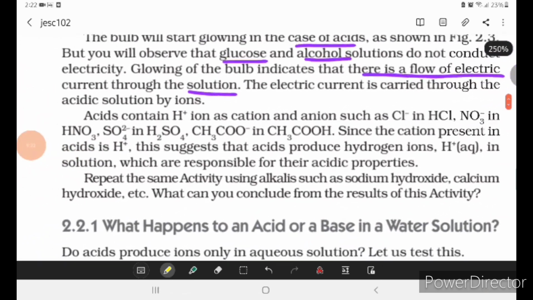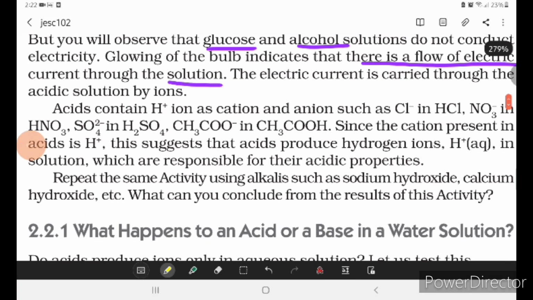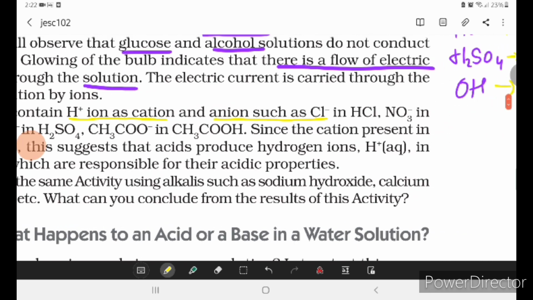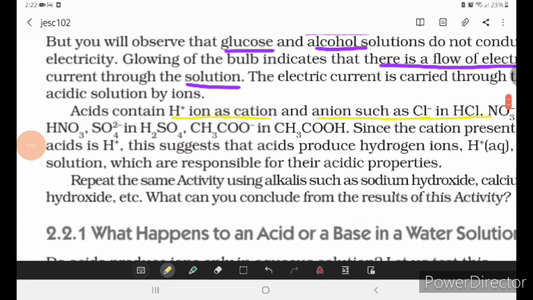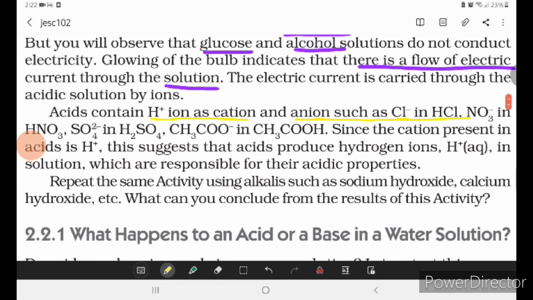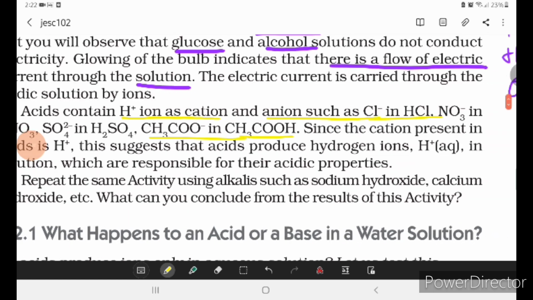Let's study the remaining text. Acids contain H plus ions as cations and anions such as Cl minus in HCl, which we have already discussed, NO3 minus in HNO3, SO4 2 minus in H2SO4, and CH3COO minus in CH3COOH.